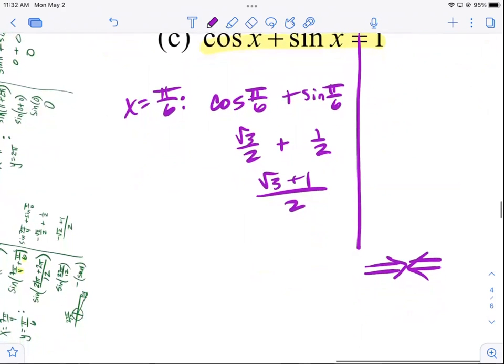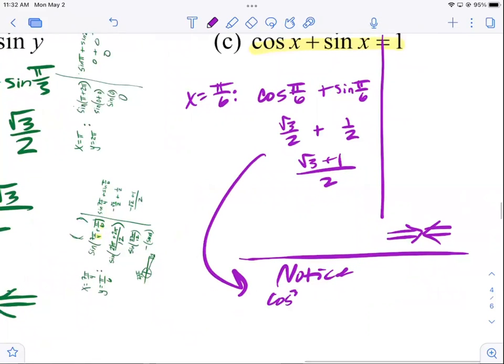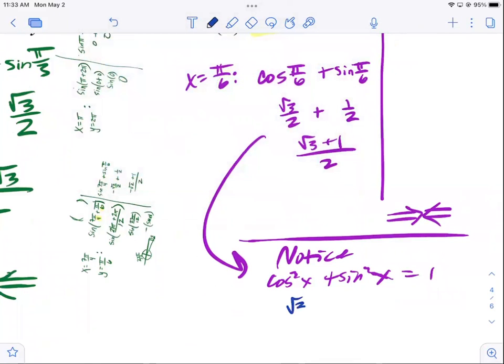But notice this. Had it been cosine squared plus sine squared equal 1, and I plugged in, that would be the square root of 3 over 2, squared, plus 1 half squared, right?